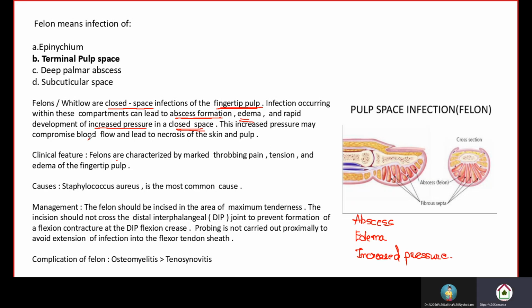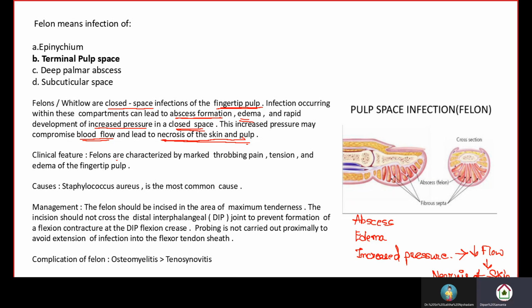This increased pressure may compromise blood flow and lead to necrosis of the skin and pulp.